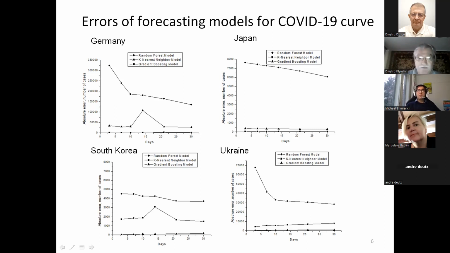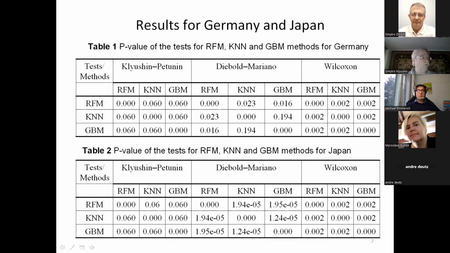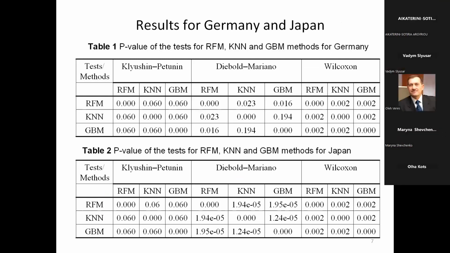And we see that our test, the so-called Clusian-Petunin test, and the classical Diebold-Mariano and Wilcoxon tests are quite effective. So they distinguish these models, and this may be used for comparing the errors.